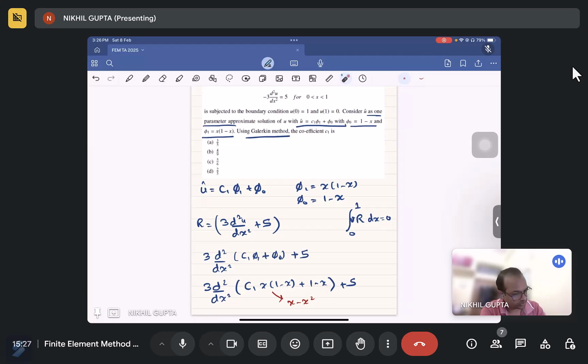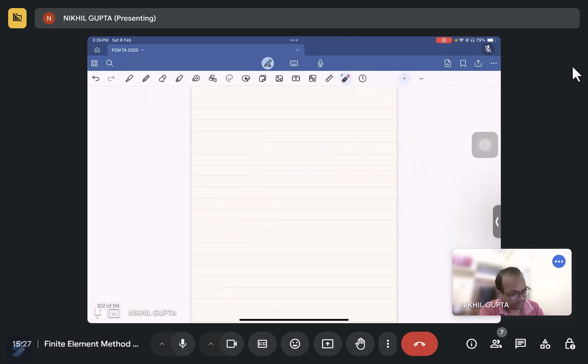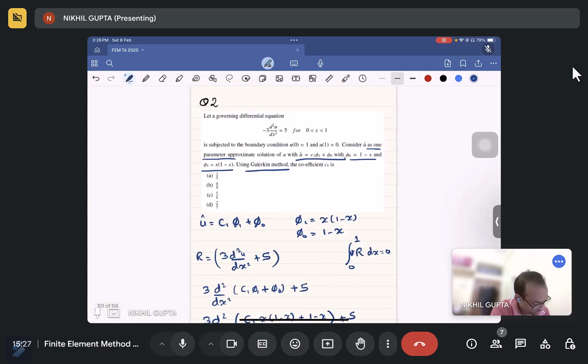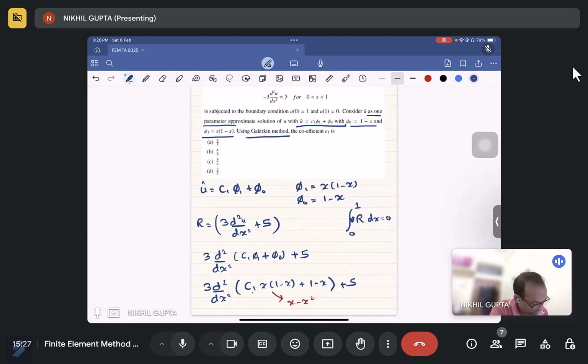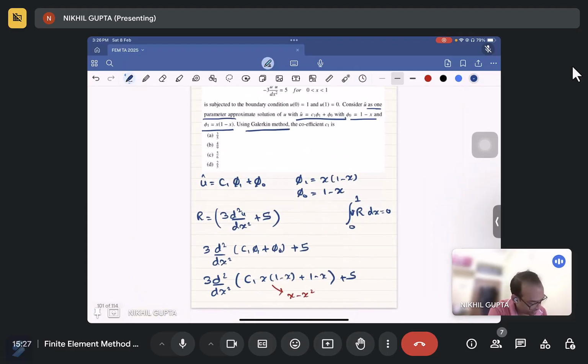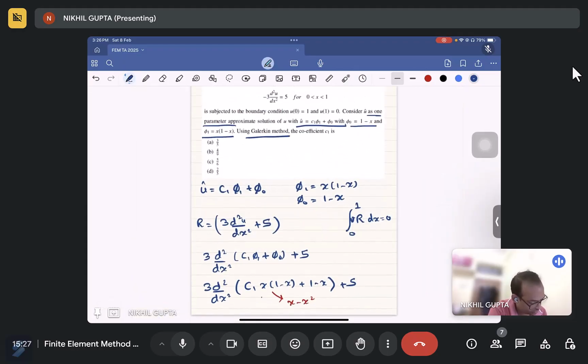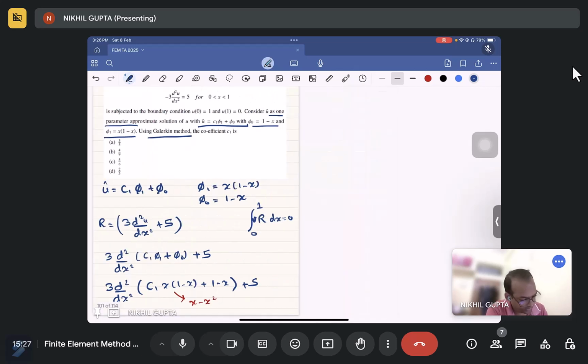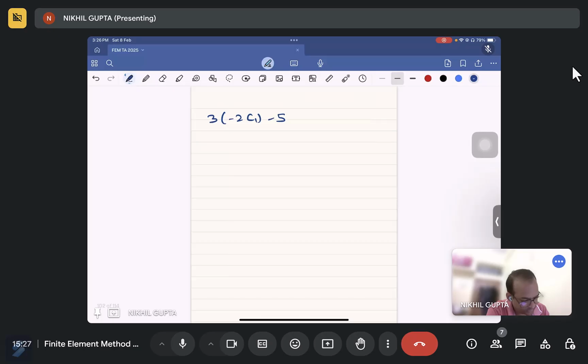So you solve this and you will get 3 times minus 2 C1, which is minus 6 C1, plus 5. Yes, plus 5 it will be.